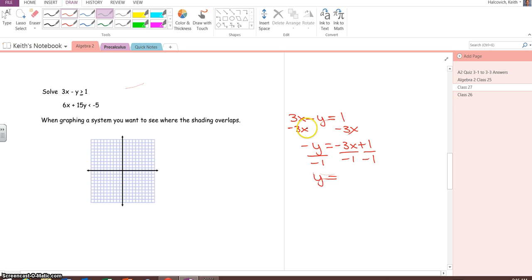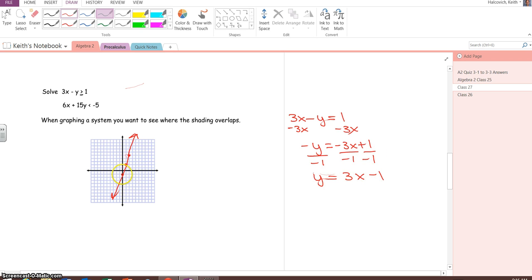So we get y equals 3x minus 1. So here's our negative 1. We go up 3 to the right 1, and we're going to draw a solid line because of the fact that it's equal to.